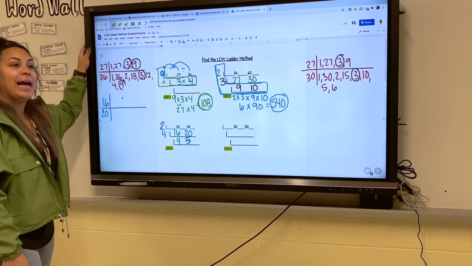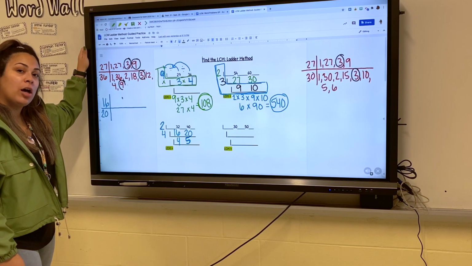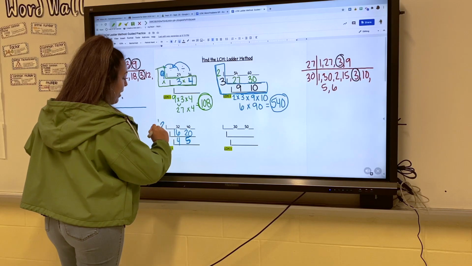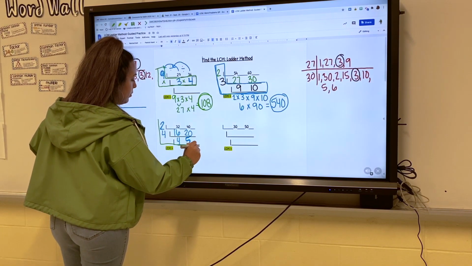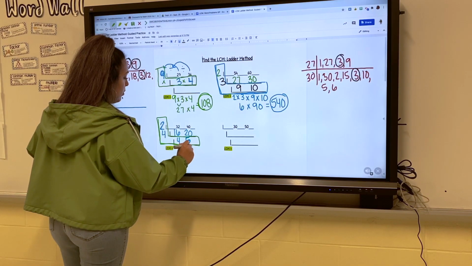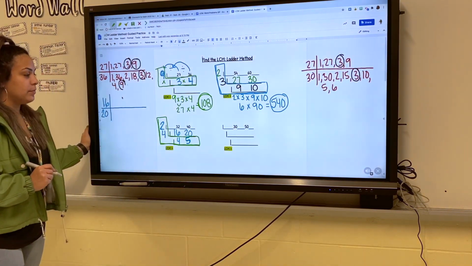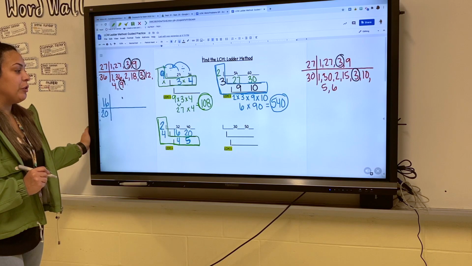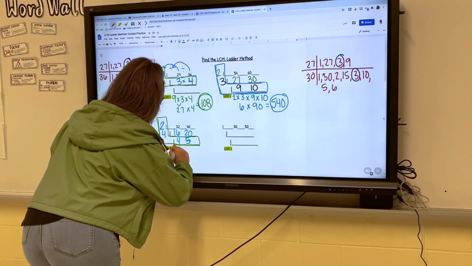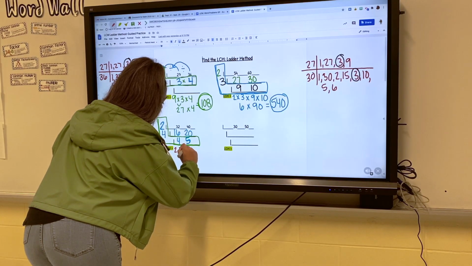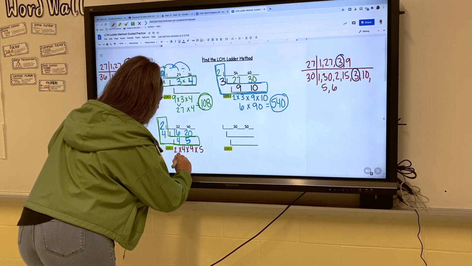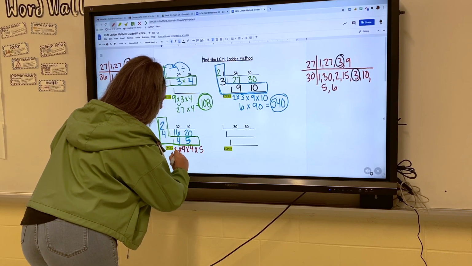But now we have to find our least common multiple. So just like how I've been doing, I'm going to create my L. And then I'm going to multiply. So I have 2 times 4 times 4 times 5. 2 times 4 is 8.